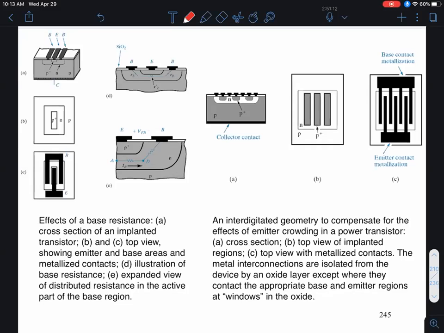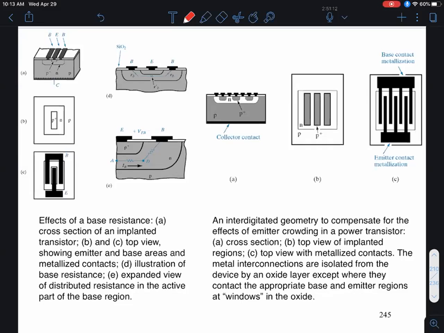Now the impact of that is when I apply a base emitter forward bias, the base current flows, and clearly there'll be an IR ohmic voltage drop. So in the central part of the device, not the surface region, because of this IR voltage drop, the forward bias will actually be smaller than near the surface region.